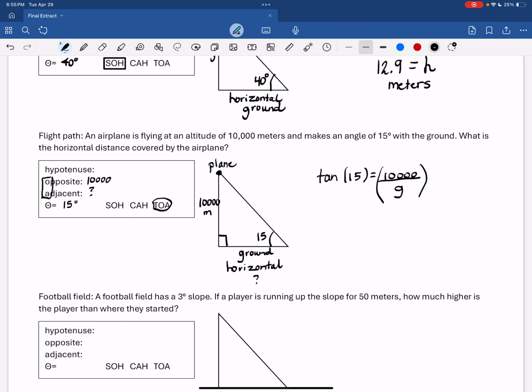Okay, so we don't know G. We're going to have to do a little work here. Cancel it out. And then we need to move tan 15, so that's getting divided out of there. And that leaves me with G on this side. So G is 10,000 divided by tan 15, rounded to the tenth.